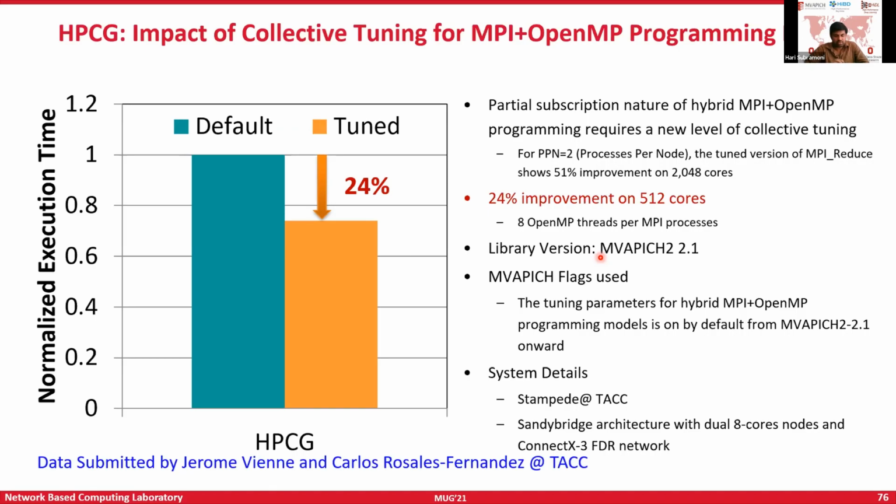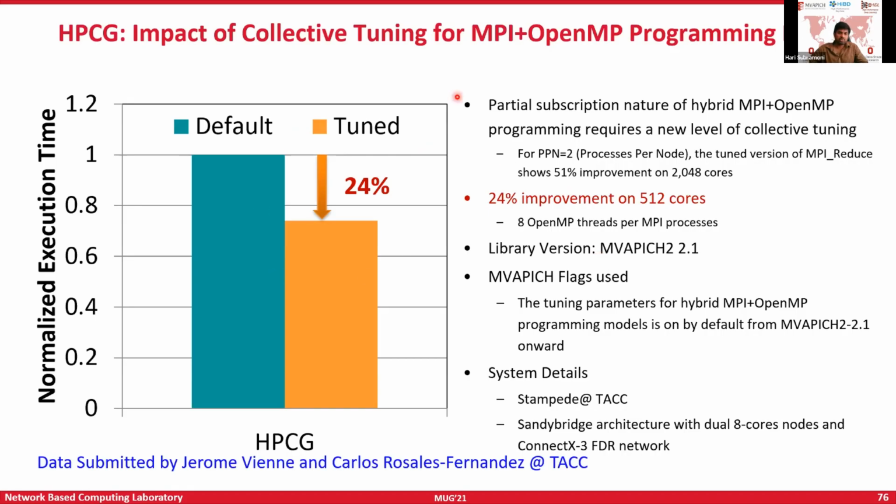This process is called collective tuning, and we have done extensive collective tuning for different HPC systems to make sure that we get the best possible performance. The upshot of all of this collective tuning is that we are able to select the right algorithm at the right system size, at the right message size for the right application.